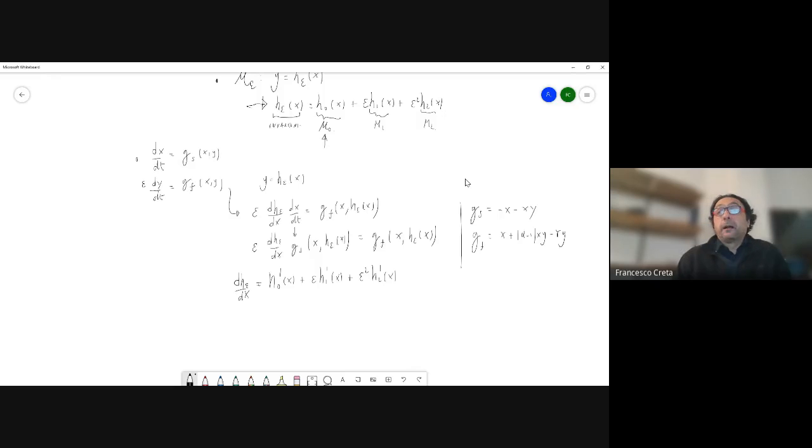So we can substitute now for y here, here, and here. We can substitute h epsilon. I'll be fast here because it's a long procedure. So g of s will be minus x times y, but y is equal to h epsilon, which is again h0 plus epsilon h1 plus epsilon squared h2, and so on.